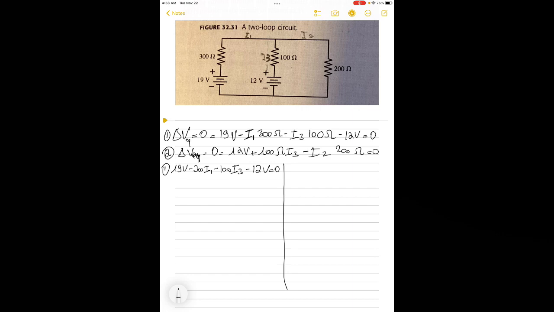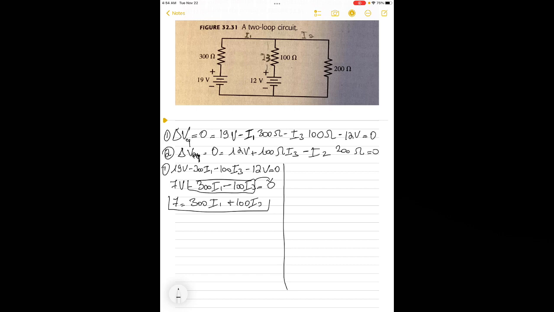If we simplify, 19 minus 12 volt gives us 7 volt minus 300 E1 minus 100 E3, and this will equal 0. If we simplify the negative, we can bring this to the other side: 7 equals 300 E1 plus 100 E3.